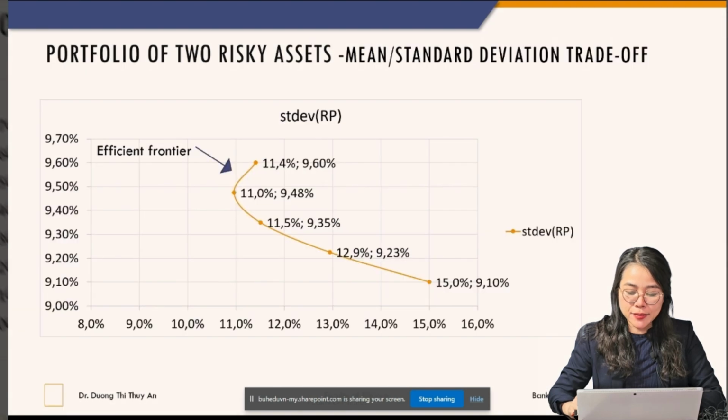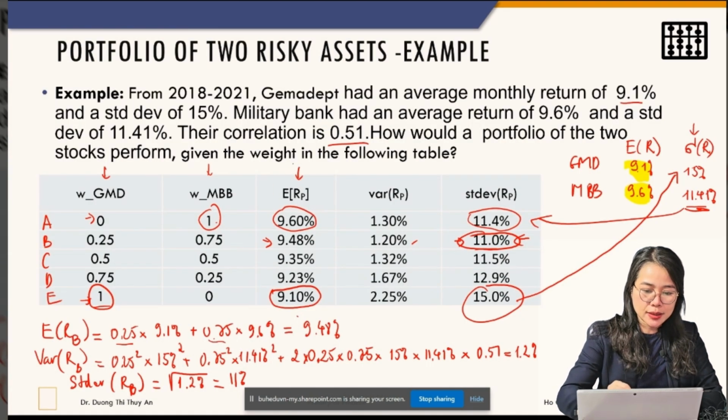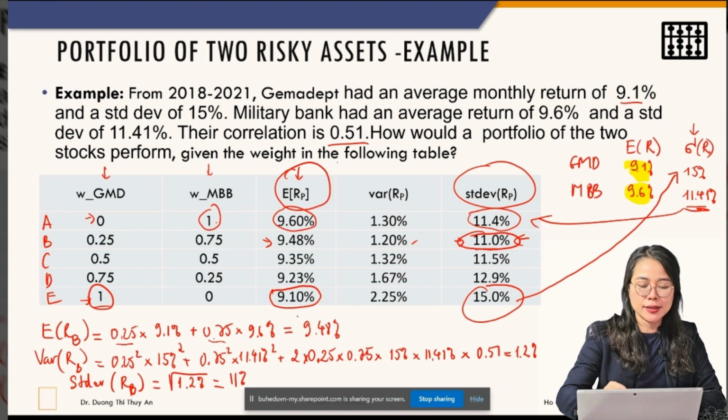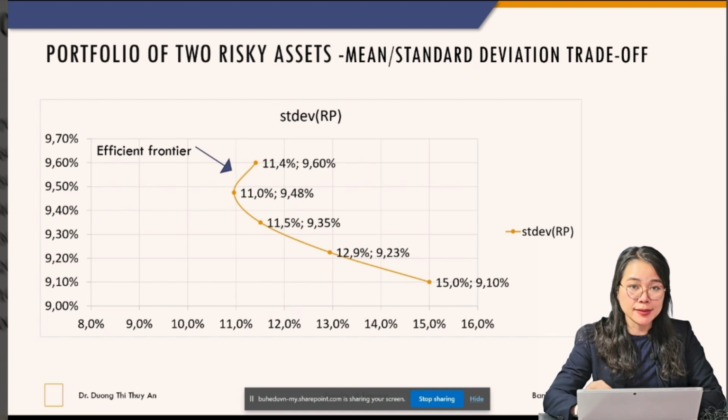Okay, and now I create a figure that illustrates this column and the standard deviation column. So risk and return. This is the return and this is the risk. This type of figure is a scatter plot. So please, when you do it with your Excel, find the scatter plot figure.